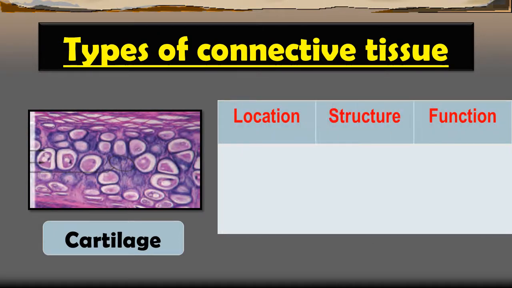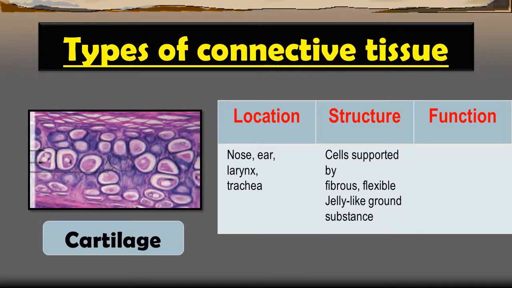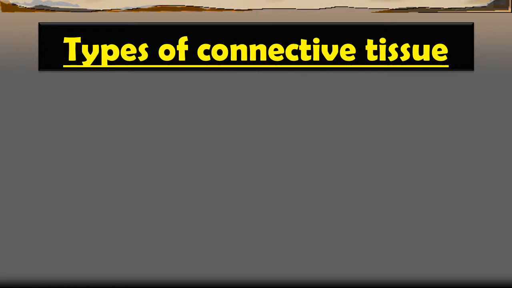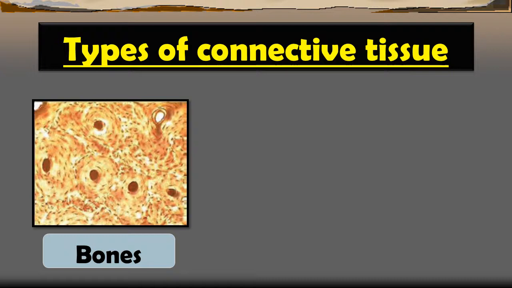Now the next type of connective tissue is cartilage. Okay, so this is the appearance, and the location of these tissues is the nose, ear, larynx and trachea. Structure: cells supported by fibrous, flexible, jelly-like ground substance. And function is that it lubricates the surfaces of bones, gives support and shape to organs. Next type is bones.